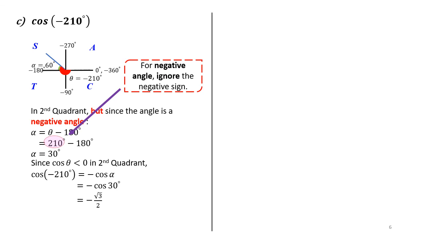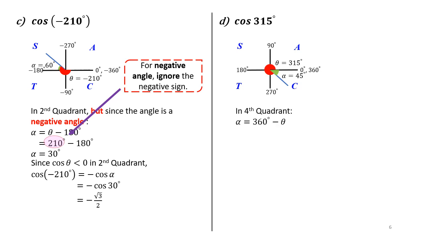So for the last example, example D, we are given cos 315 degrees. So again, we determine that 315 degrees will be in the fourth quadrant, and our alpha will be obtained from the formula alpha is equal to 360 degrees minus theta. So 360 degrees minus 315 will give us alpha is equal to 45 degrees.